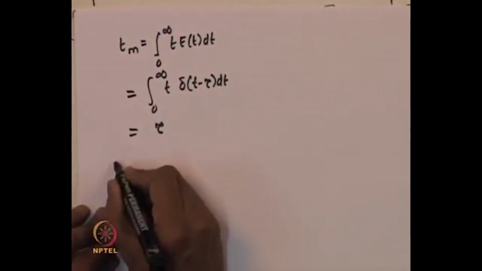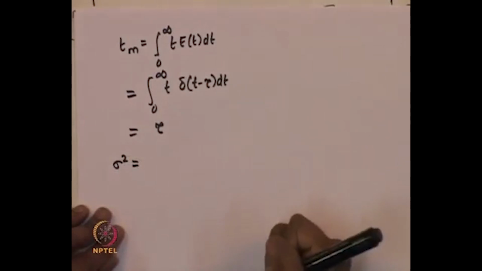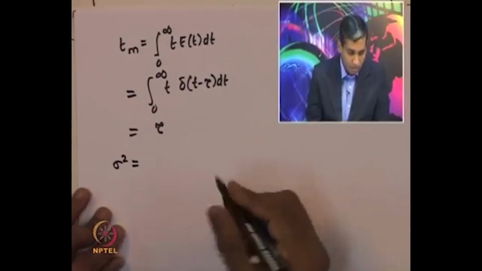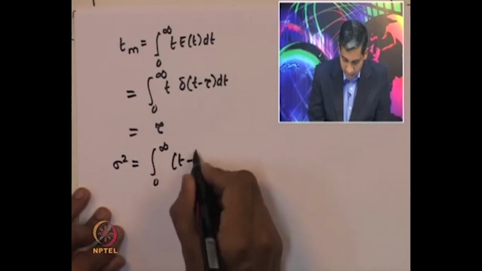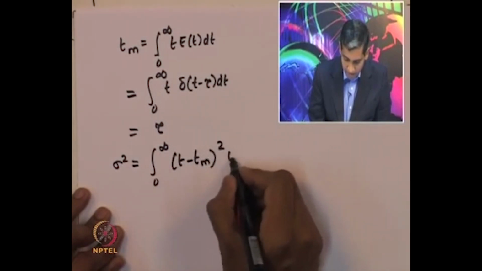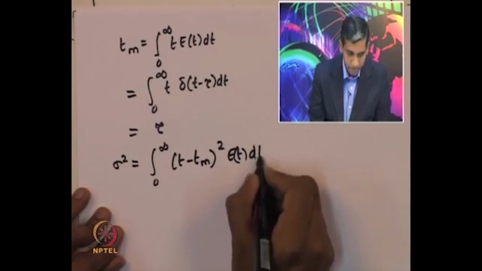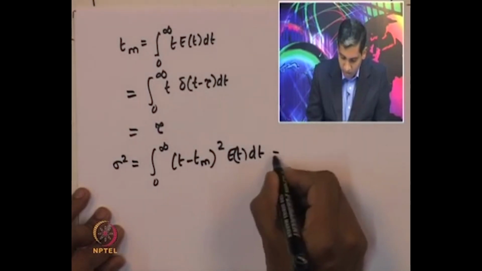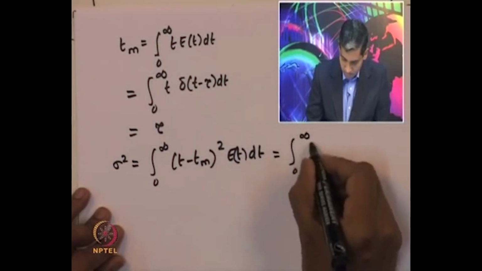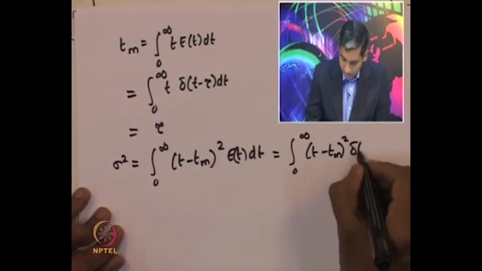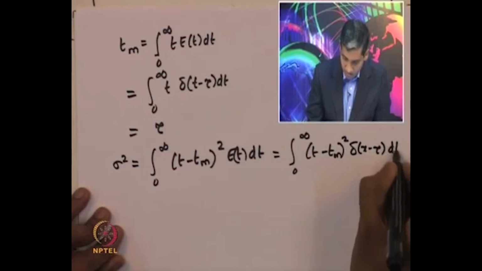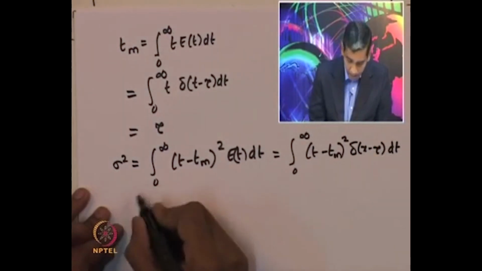Now let us look at the second moment, that is the variance of the distribution. That is given by the integral from 0 to infinity of (t minus t m) whole square into E of t dt, which is equal to (t minus t m) square into the delta function dt.